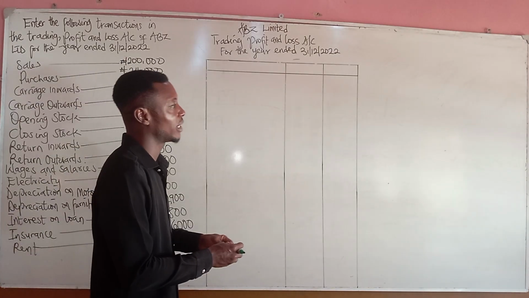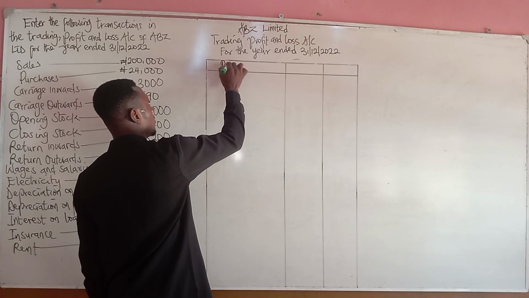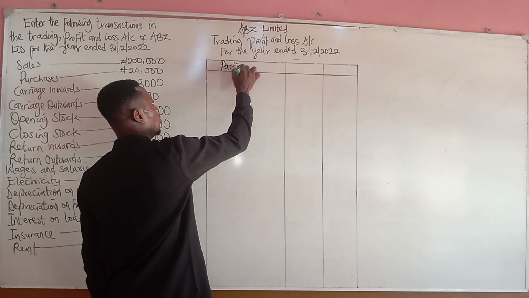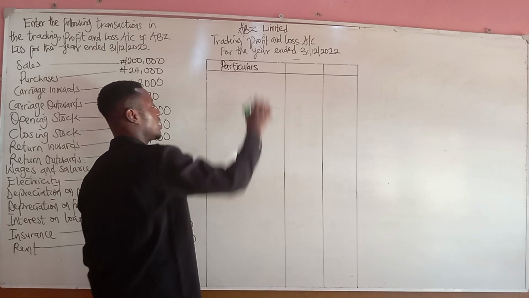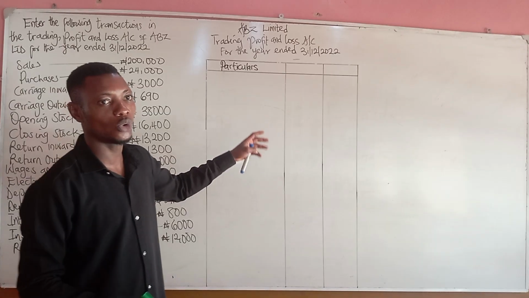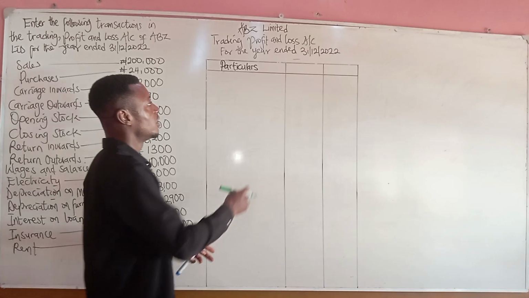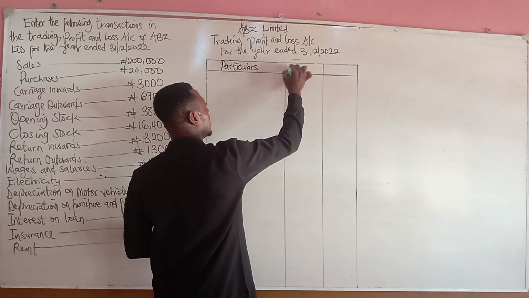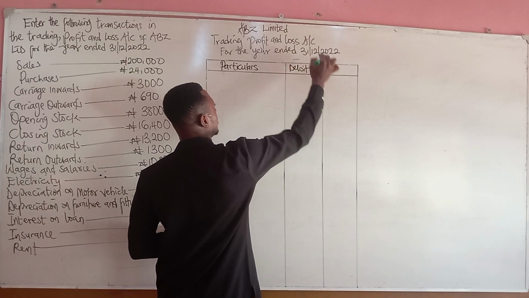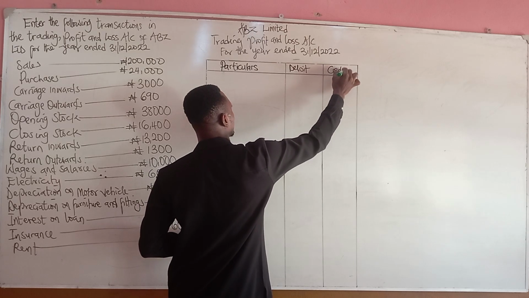So I can have my particulars down here, the first column. You see, we are not using a T format, so we have three columns. The first column is my particulars, the second column is my debit, and the third column is my credit.